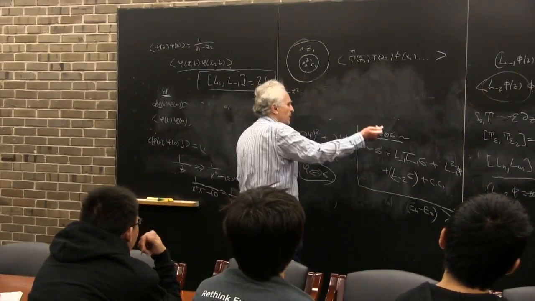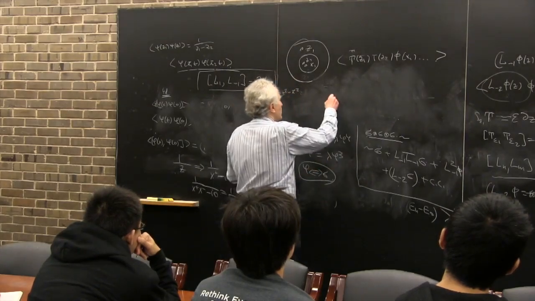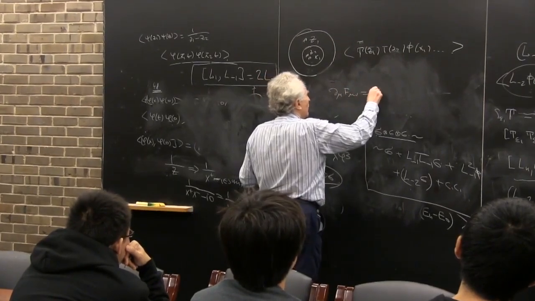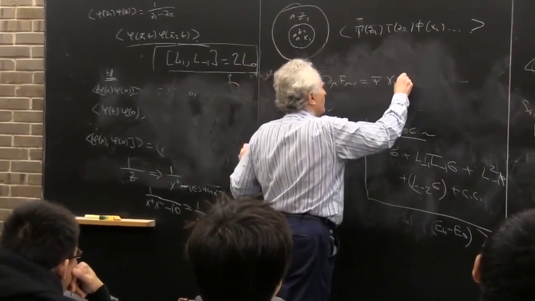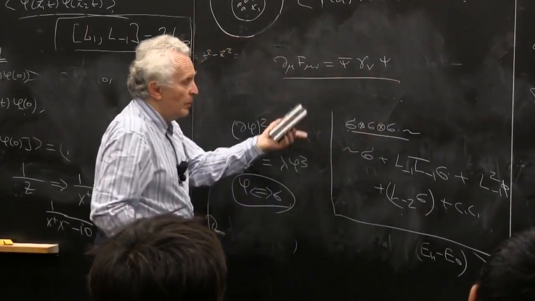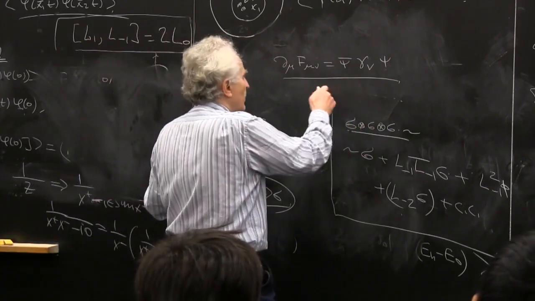In quantum, let's return once again to quantum electrodynamics. In quantum electrodynamics, we have the equations of motion, but we know that those operators are singular, so there are divergences.